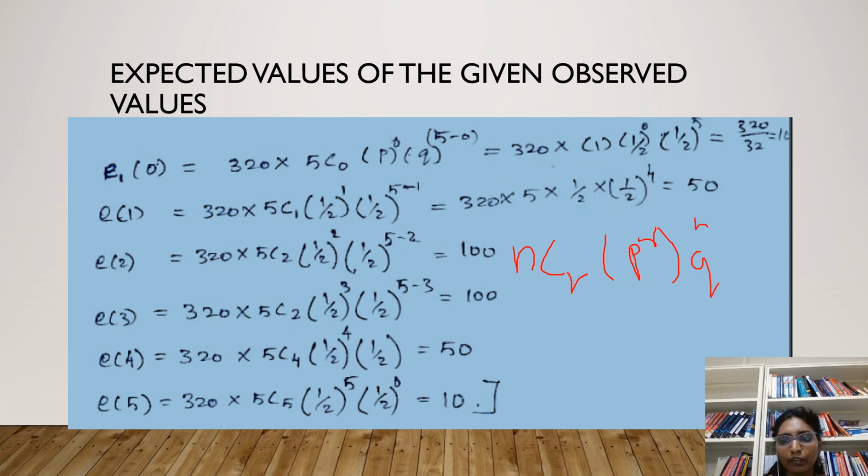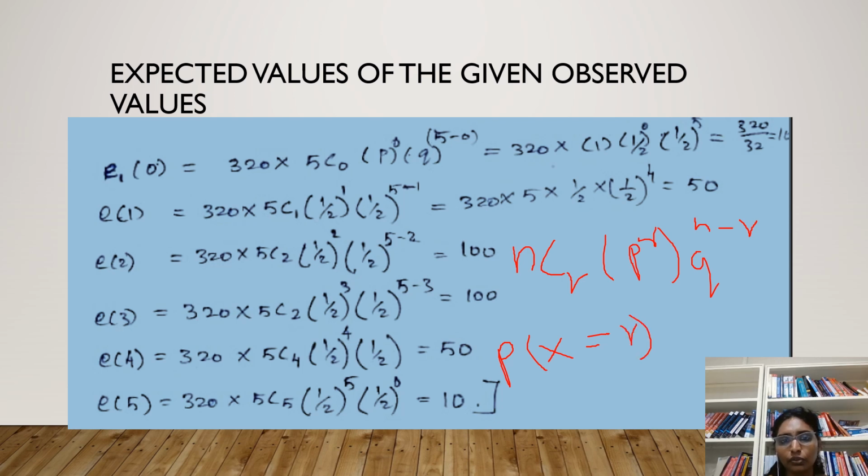This is the probability of the random variable x equal to r. This is for one trial, and for n times we have to multiply by n.